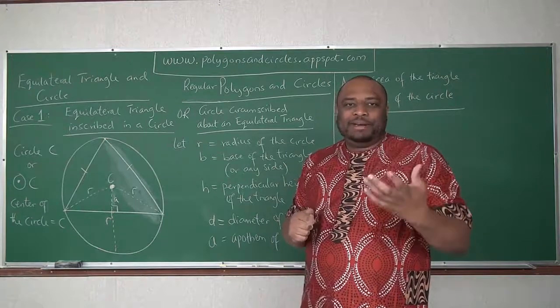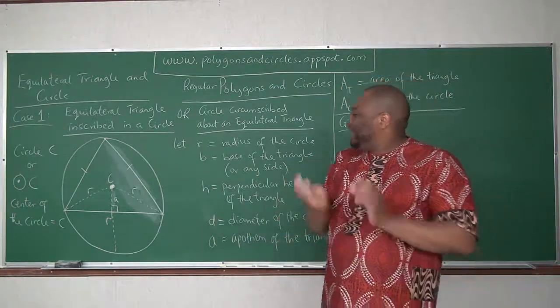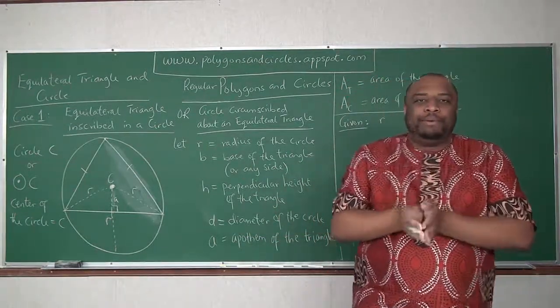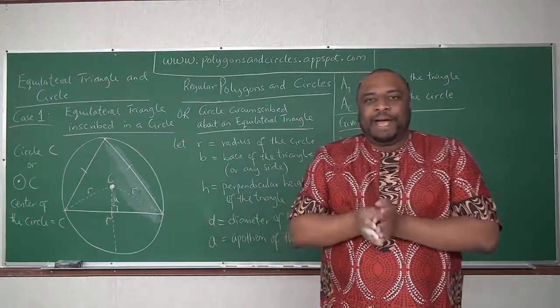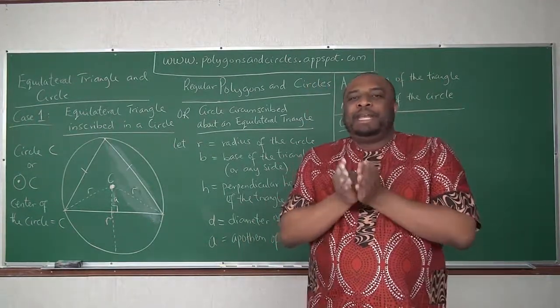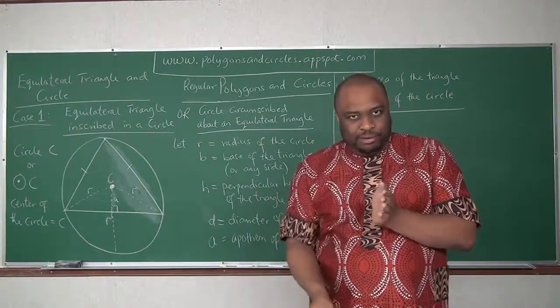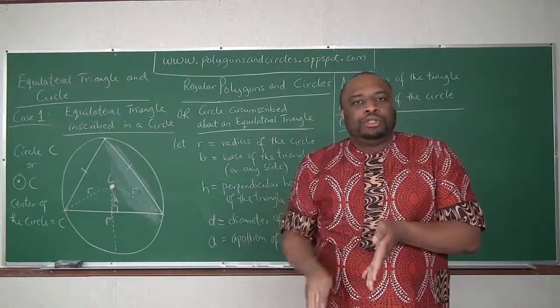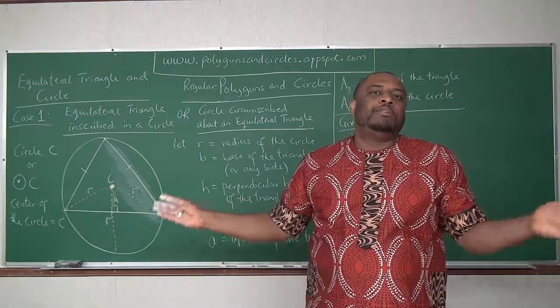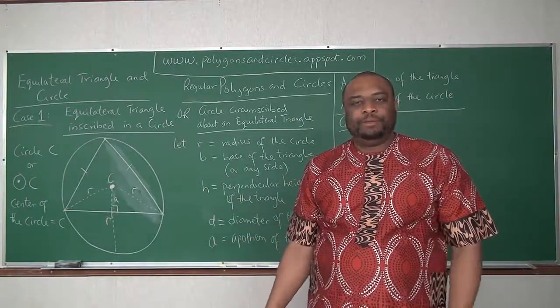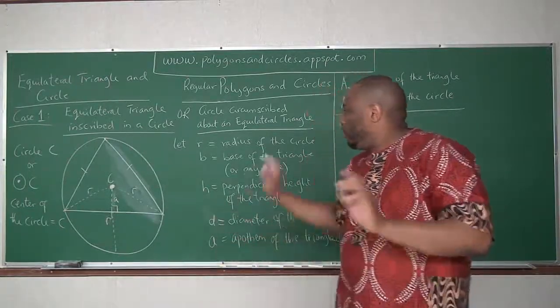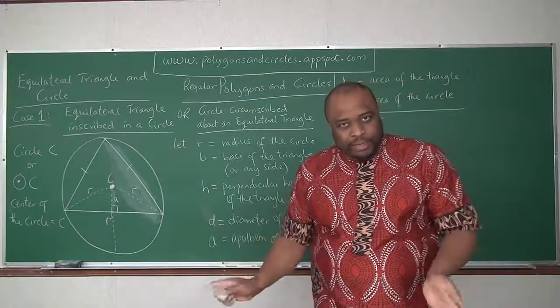I probably didn't say regular, so let me repeat it again. The apothem of a regular polygon is defined as the perpendicular distance from the center of the regular polygon to a side of the polygon. Okay. Remember, I said regular polygon. What we are discussing now are regular polygons for now.